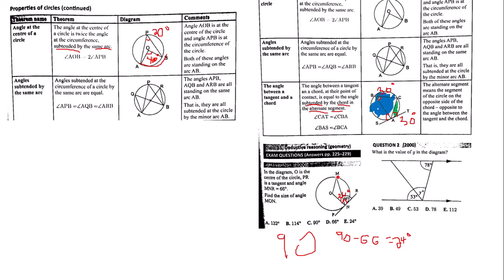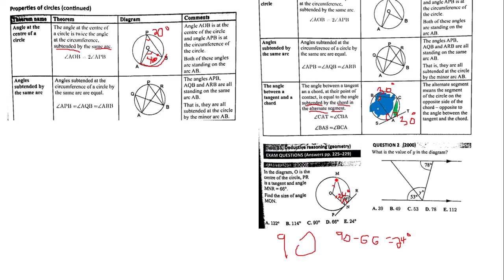Alright, and then we look at this triangle MON and take note. The radii MO and ON are equal in size, equidistant, which makes triangle MON an isosceles triangle, so the base angles are equal.